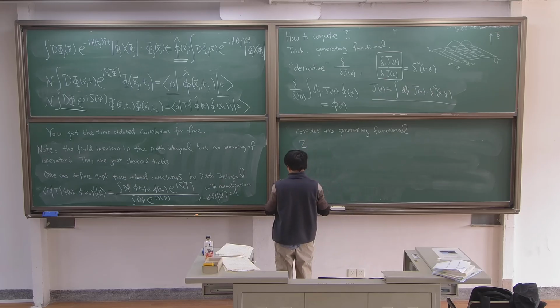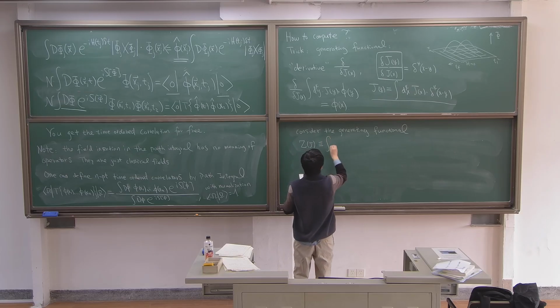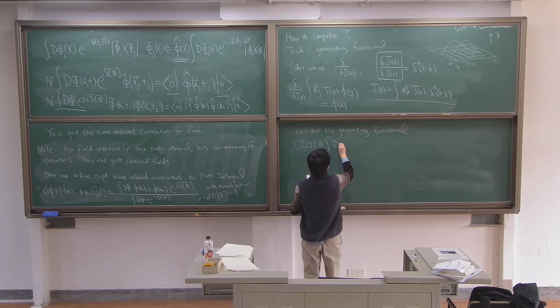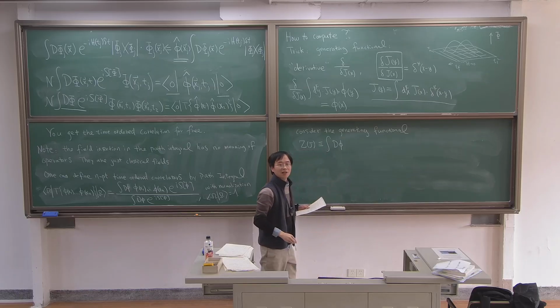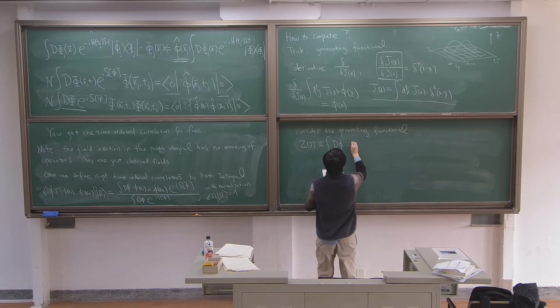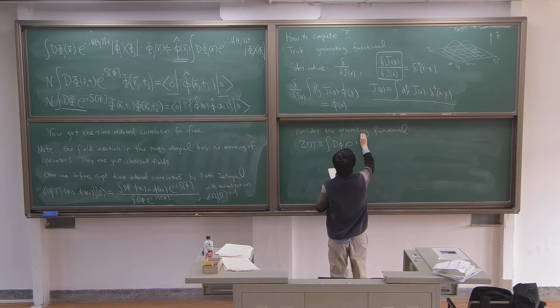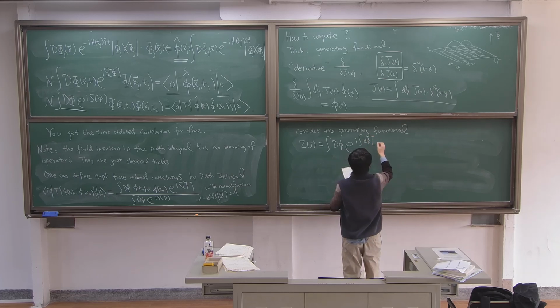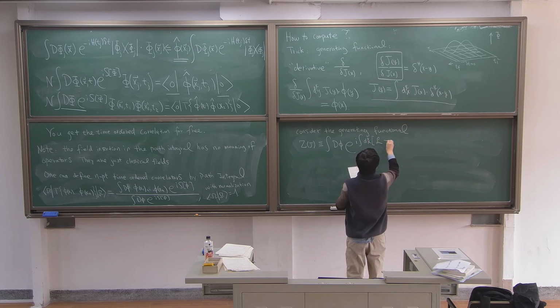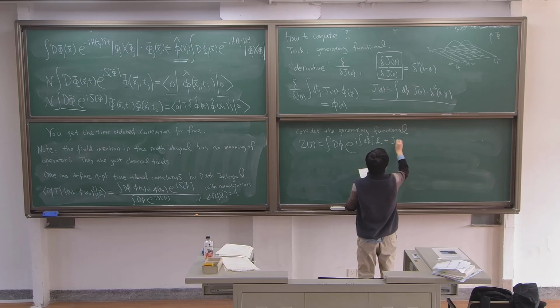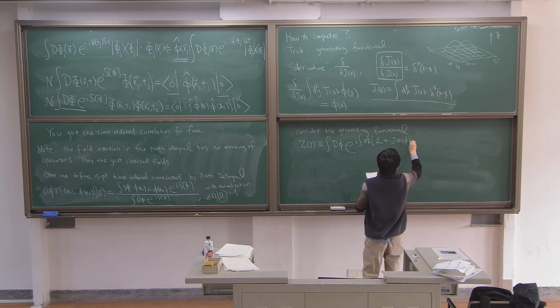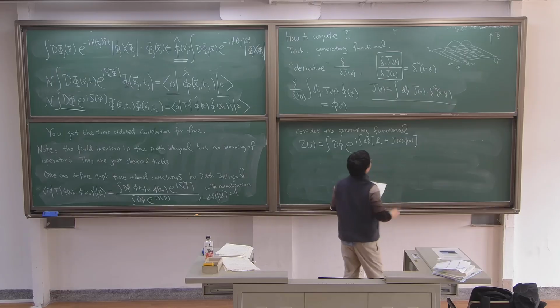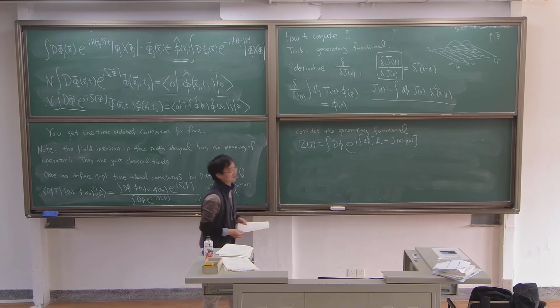So record this as a generating function Z[J]. You introduce a source J, and it is defined as a path integral with the action improved to include a J coupling term. So I make it this way.